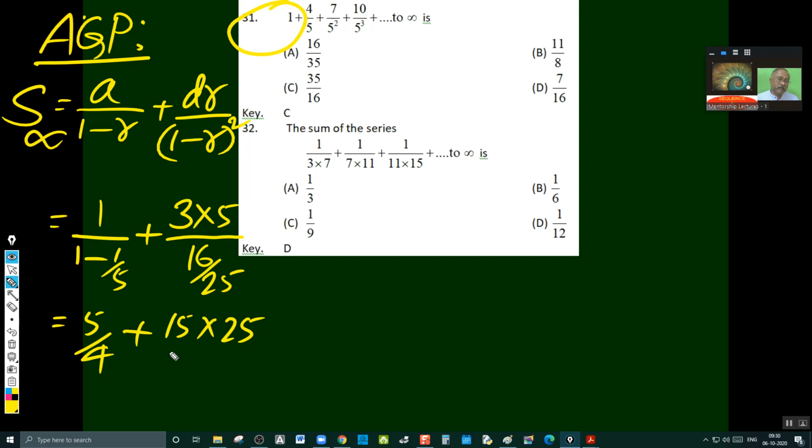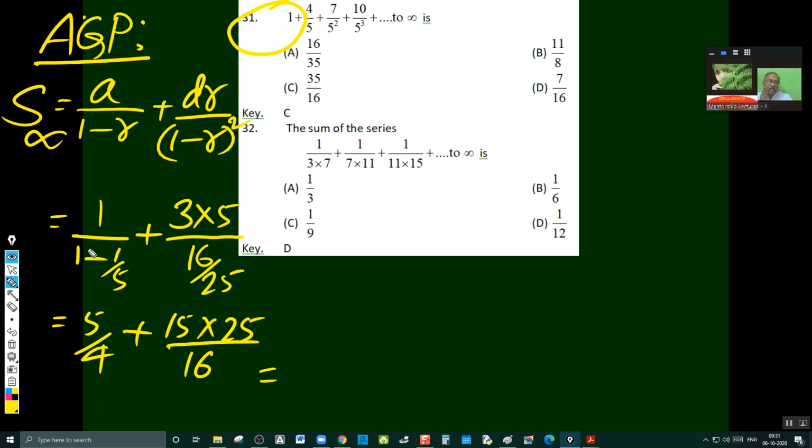Check the answer. 16 LCM. 5 4s, 20. 20 plus 375. 20 plus 375, please. 395 divided by 16. Just check the answer once. 4 by 5.